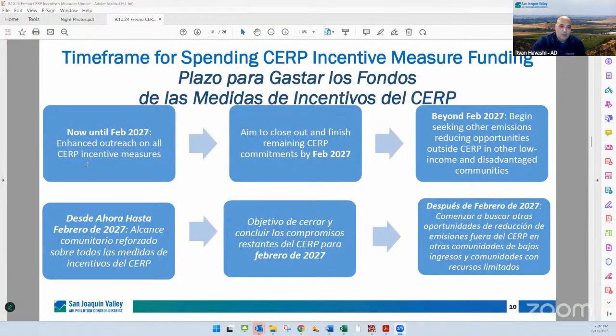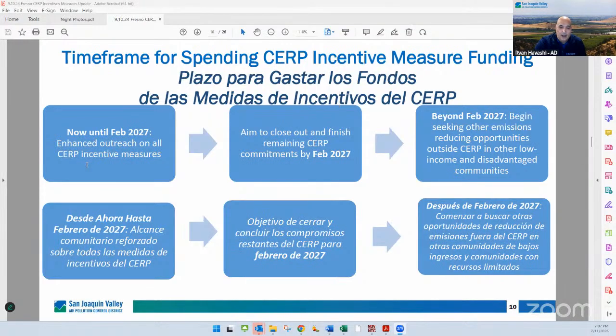And so now we're looking to push the date to fully execute and fund all of that to the end of 2027. When the district accepts the incentive funds, there are timelines associated with expending those funds, and we're constantly trying to meet those and holding the money back to make sure it's available for the CERP measures, for the different CERPs that have been adopted by the district.